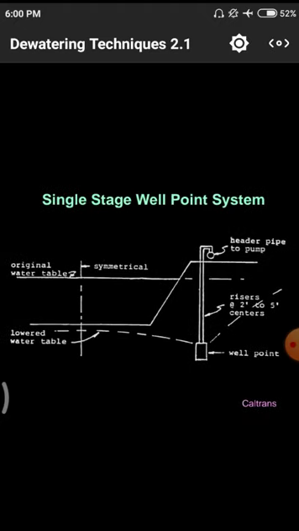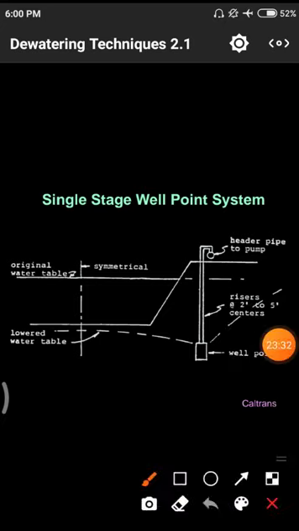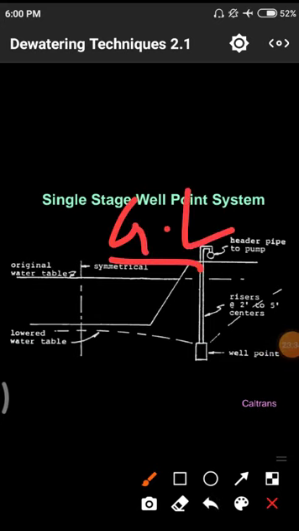First of all, we have the original water table. That means the line showing the particular quantity of original water table from the ground level. It is the particular ground level. From the ground level, we have this quantity of original water table.